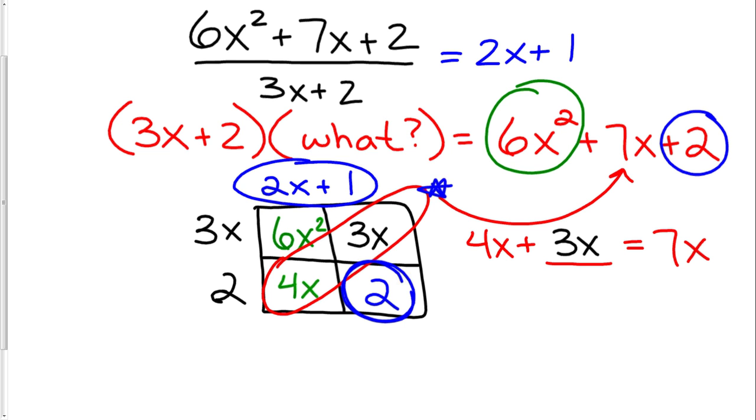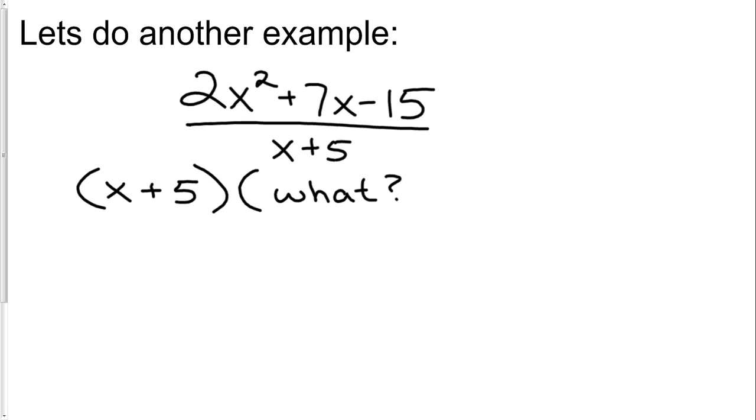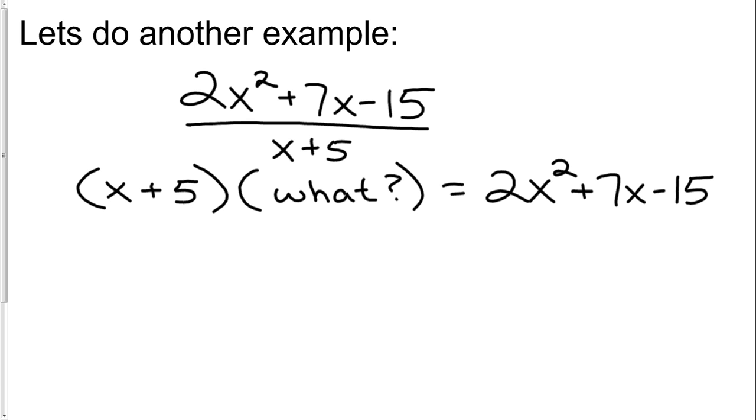Let's look at a second example. So let's rewrite it. We've got x plus 5 times something is equal to 2x squared plus 7x minus 15.